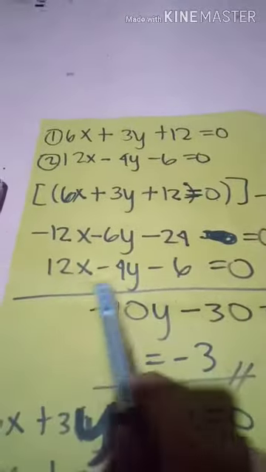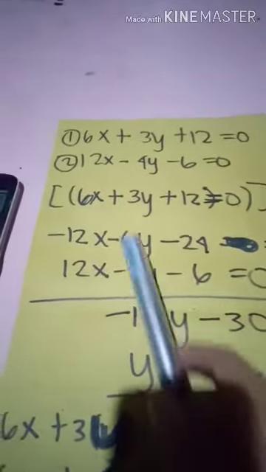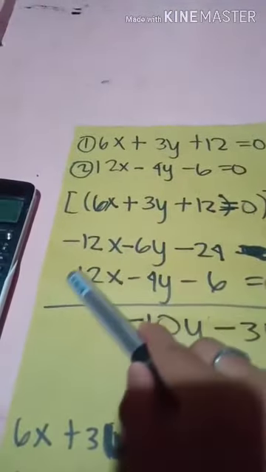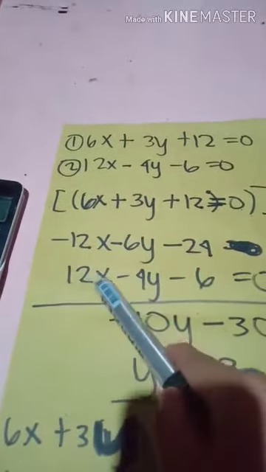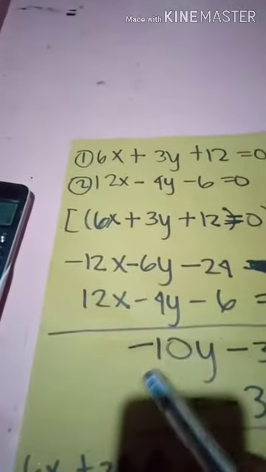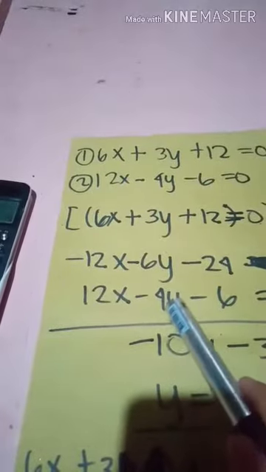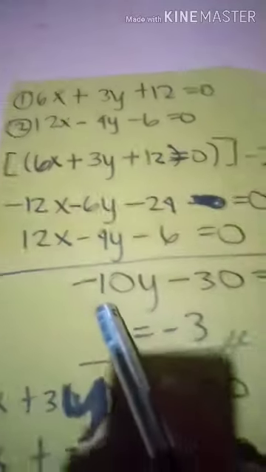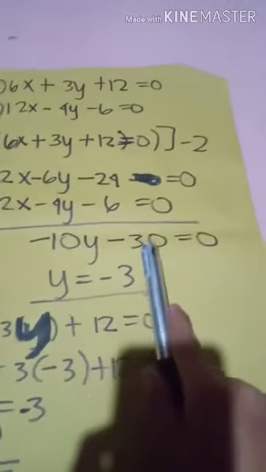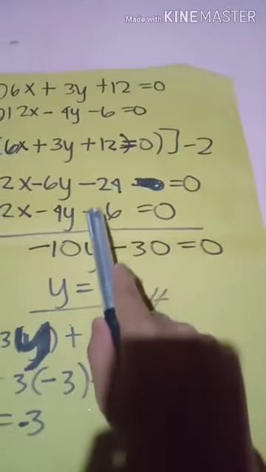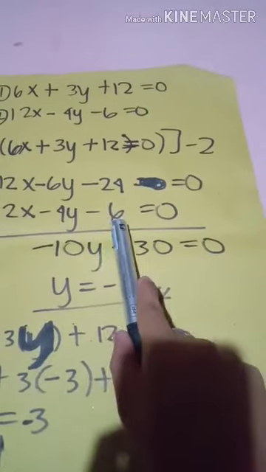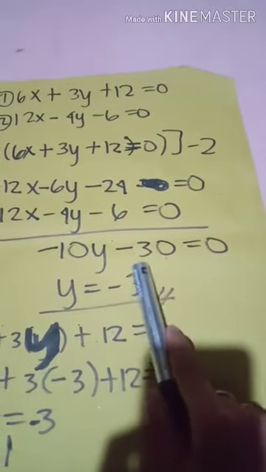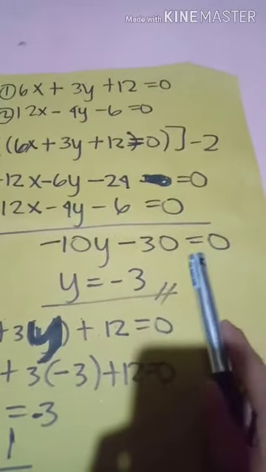So ato nang isum, ang sum nila makancel ang negative 12x o plus 12x makancel. Negative 6y plus negative 4y mahimong negative 10y nya ang negative 24 plus negative 6 equals to negative 30 equals to 0.